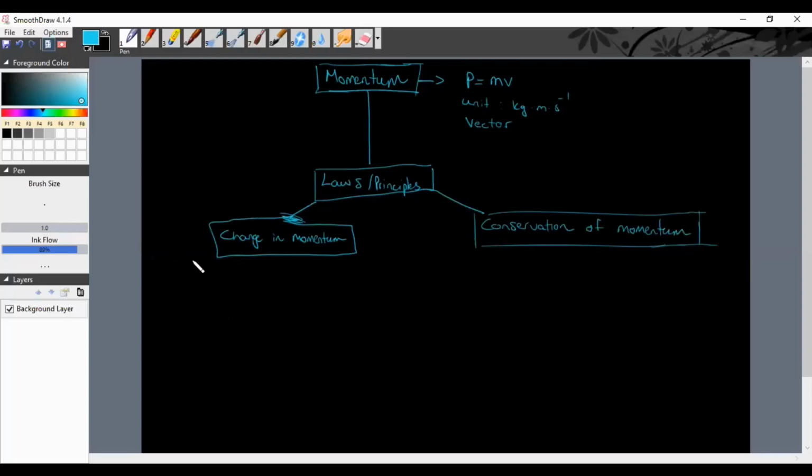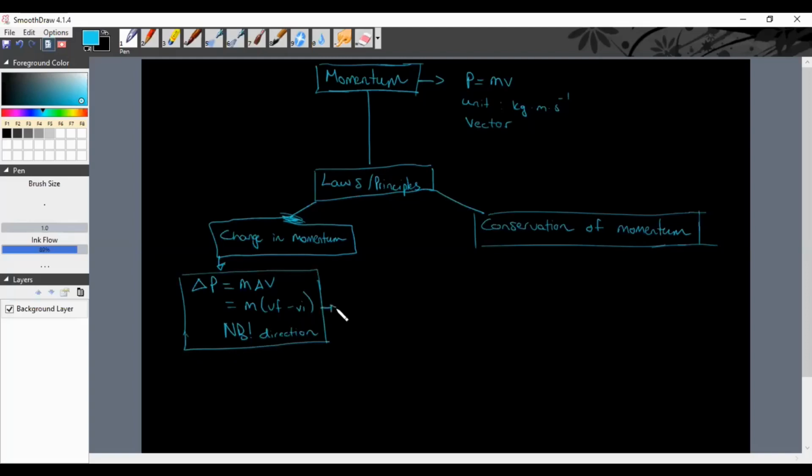With the change in momentum, we know that delta P for the change in momentum is equal to mass times the change in velocity, or more specifically, m(vf - vi). And we need to note very boldly that you must add a direction for the change in momentum, of course. That's a block on its own.